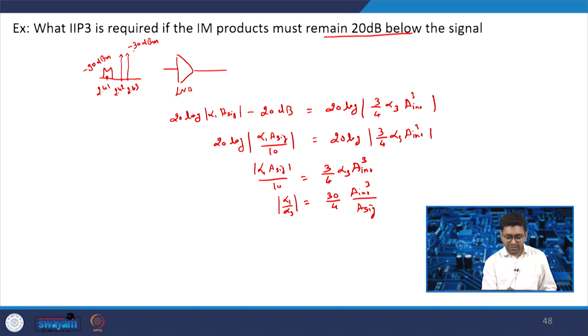You can easily convert minus 30 dBm to the amplitude that we have already seen, using the dBm to volt equation. You can also convert this minus 90 dBm into the equivalent voltage, and once you know alpha 1 by alpha 3, you can find the IIP3, which is given by 4 by 3 alpha 1 by alpha 3.